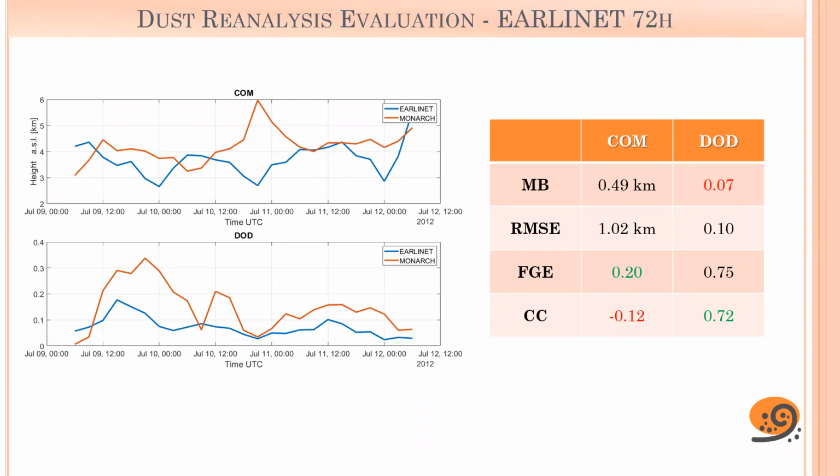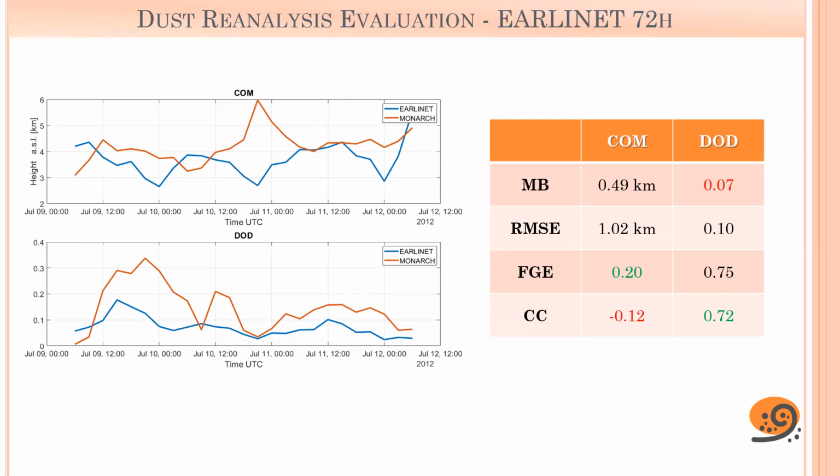However, the normalized bias between the model and the observations is quite low because the mean bias is relatively low compared to the altitude of the center of mass, which is reported higher than 3 kilometers in most cases.